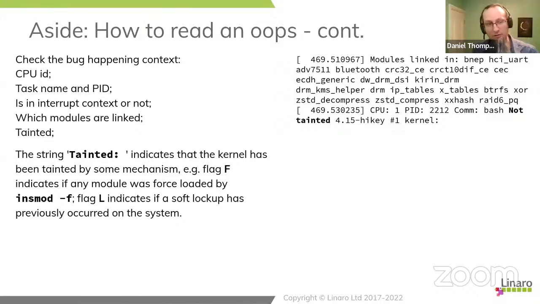For example, if the lockup detector has detected a soft lockup, there's a taint called L. If we have force loaded a module, which doesn't just mean a GPL force, but simply loading something against the advice of the module system, again, it will taint the kernel. So if you're worried that there's something before the logs that we've managed to capture that might be the cause of the problem, the taint will tell us that something bad has happened in the past.